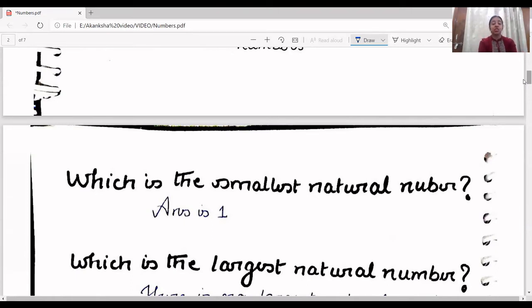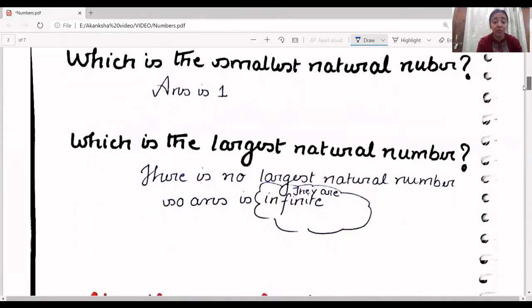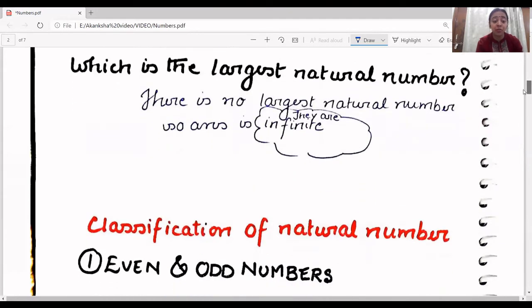Now, largest natural number is no natural number. You do not have a largest natural number. You cannot say this is the largest one because numbers, counting numbers are infinite, right? You cannot keep counting, they are infinite. So there's no largest number. So there is a smallest natural number, which is 1, and there's no largest natural number because counting numbers are infinite. So your answer is there is no largest natural number.